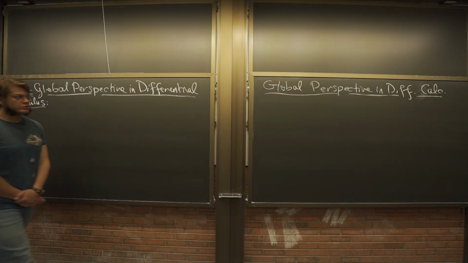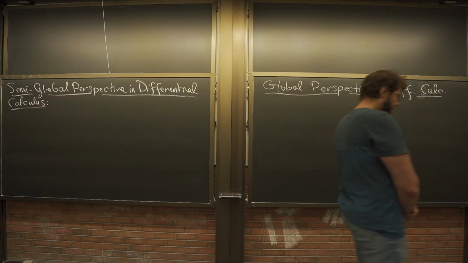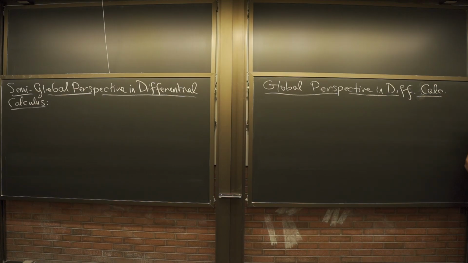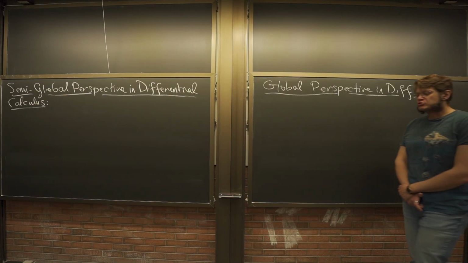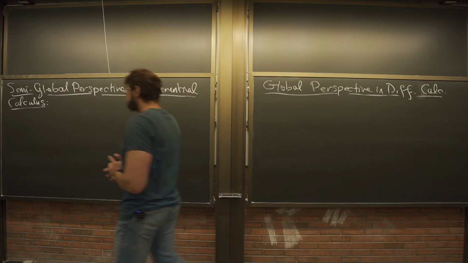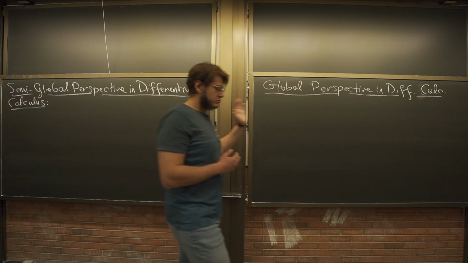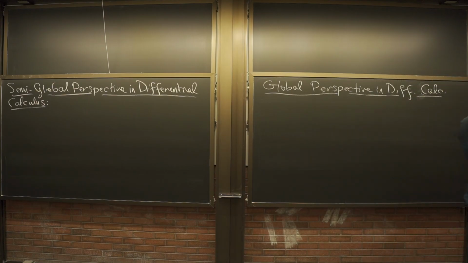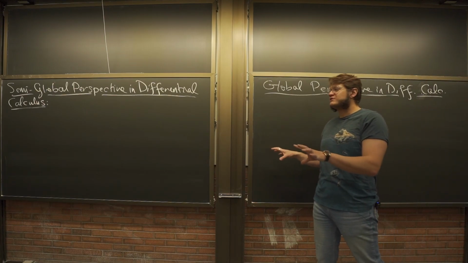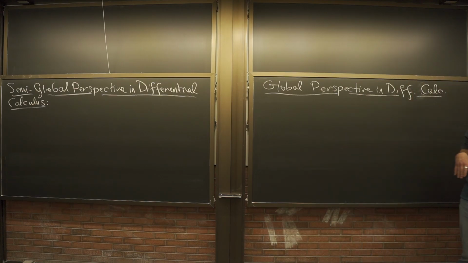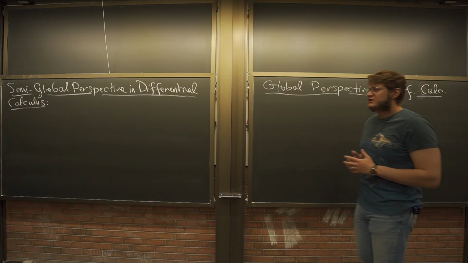Okay, let's start. Good morning. So today I'd like to switch over to differential forms. But before that, I thought it would be a good idea to discuss just a little bit something that I had mentioned a long time ago, namely this global perspective to differential calculus. I told you a long time ago we're always focusing on functions defined between open sets of norm spaces, and that is like special relativity compared to general relativity.